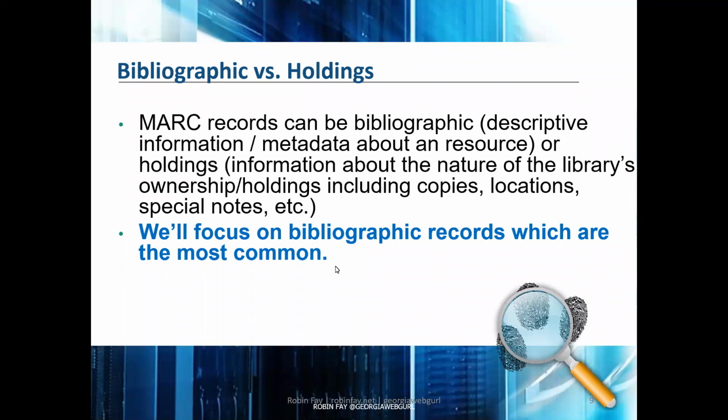And this is information about the nature of that item. So that's ownership, holdings, this could include copies. Some ILSs have MARC formatted holdings, or location records, holdings records, whatever you may call them. Some systems don't. Most ILS systems, at least the ILS part of it, have a bibliographic record in a MARC format right now.